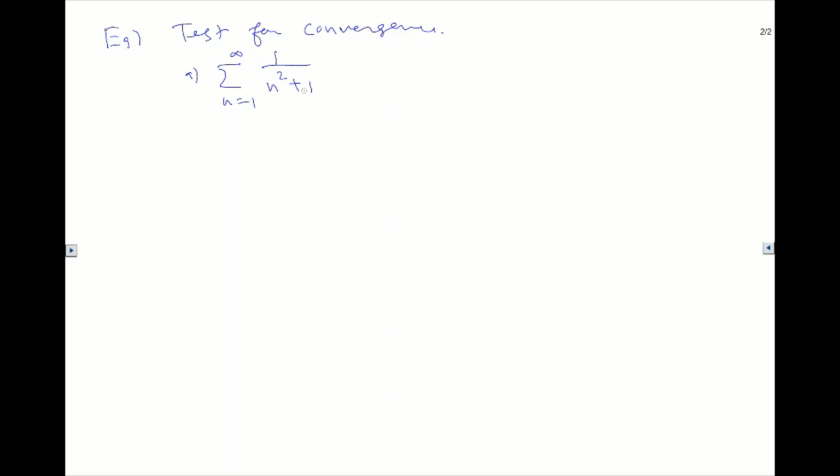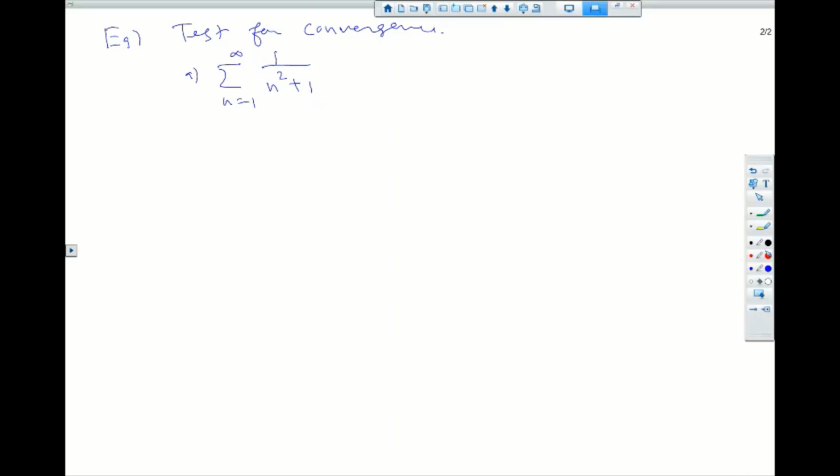If you look at this series, when you get a series, just think of only the largest term of the numerator and the denominator. That gives you what you're going to compare with.